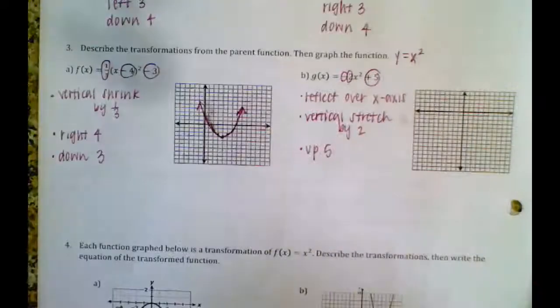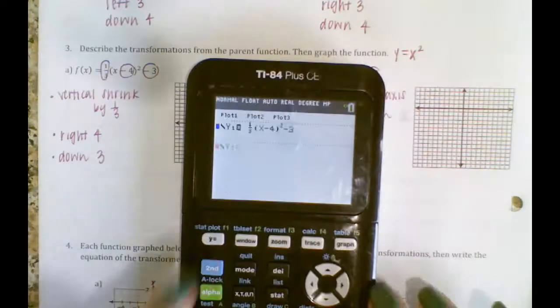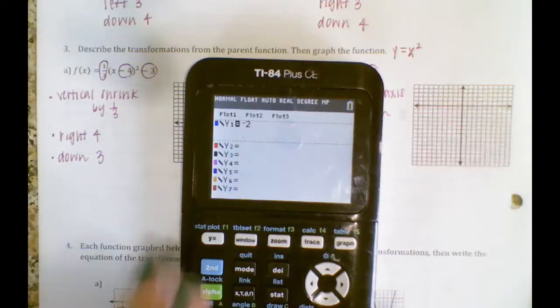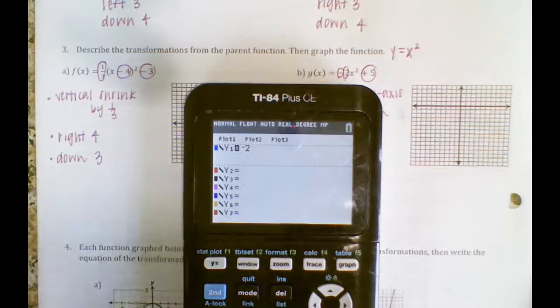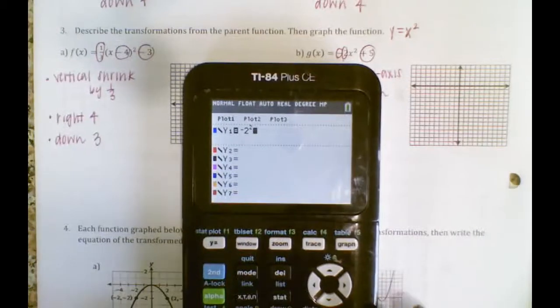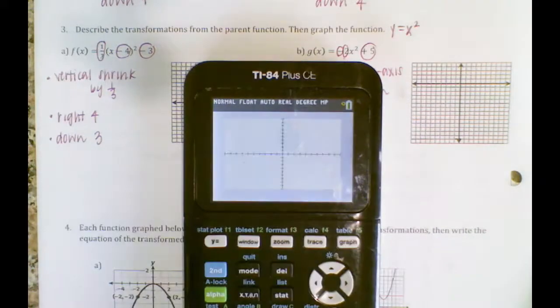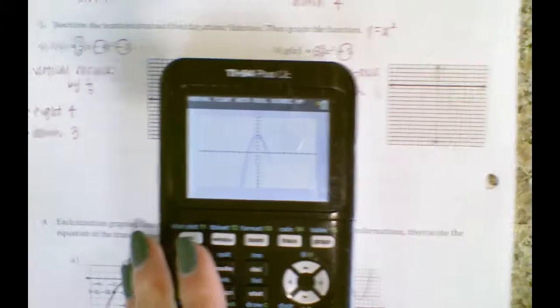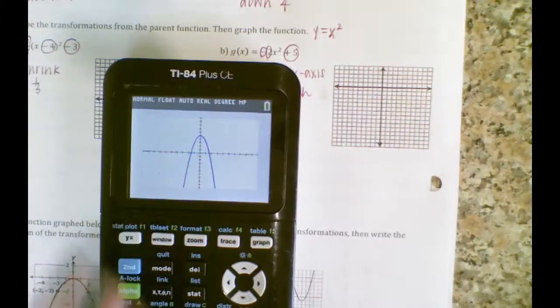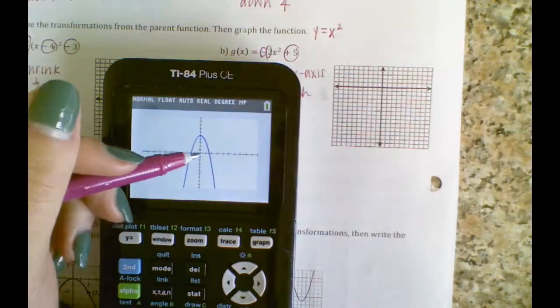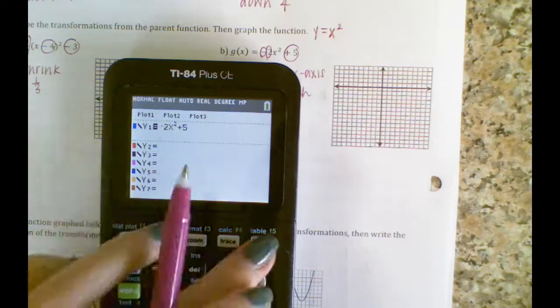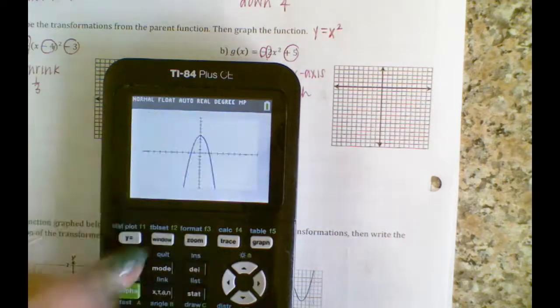Okay, all right, let's go ahead and graph this one. -2 x squared plus 5. Alrighty, so it looks like my vertex is at 0, which is really nice.